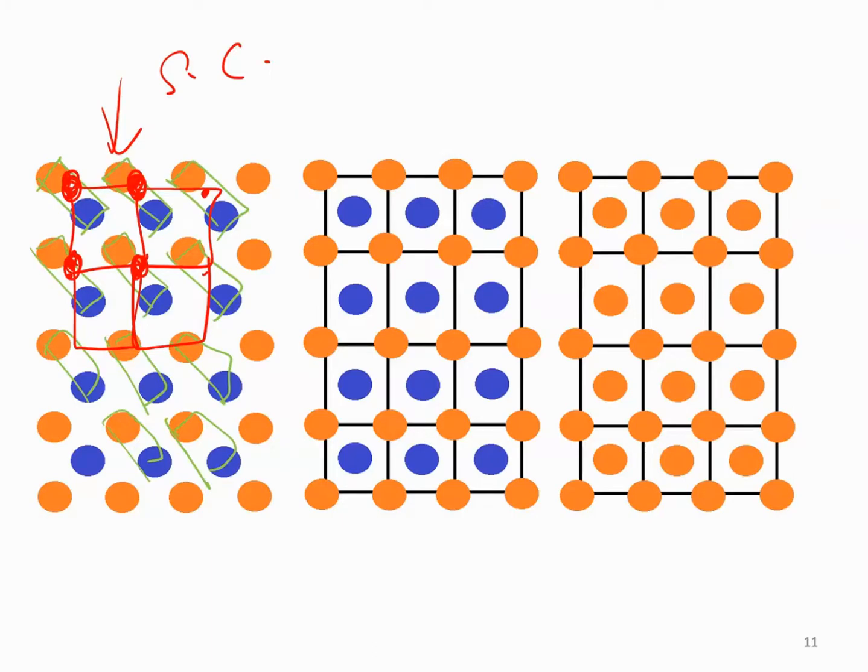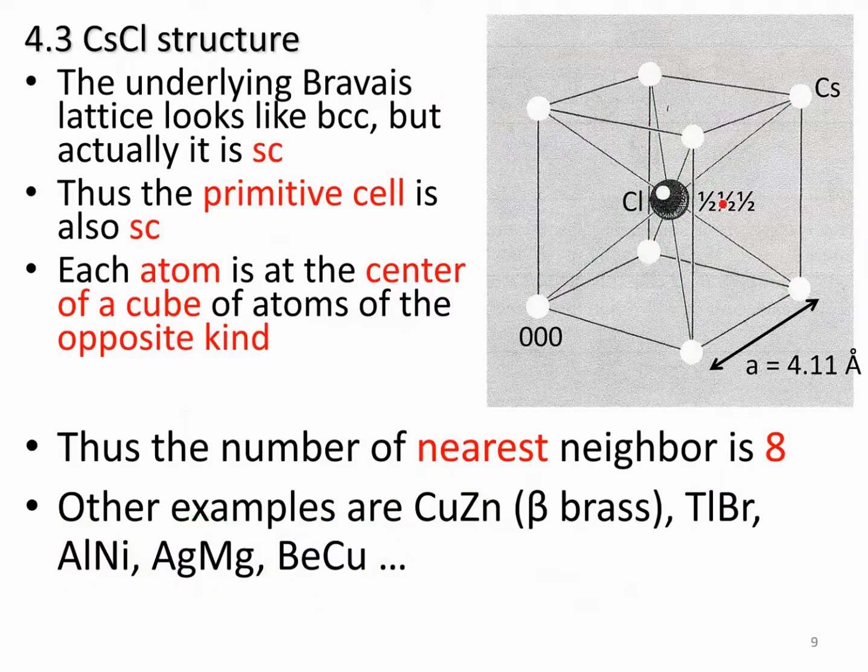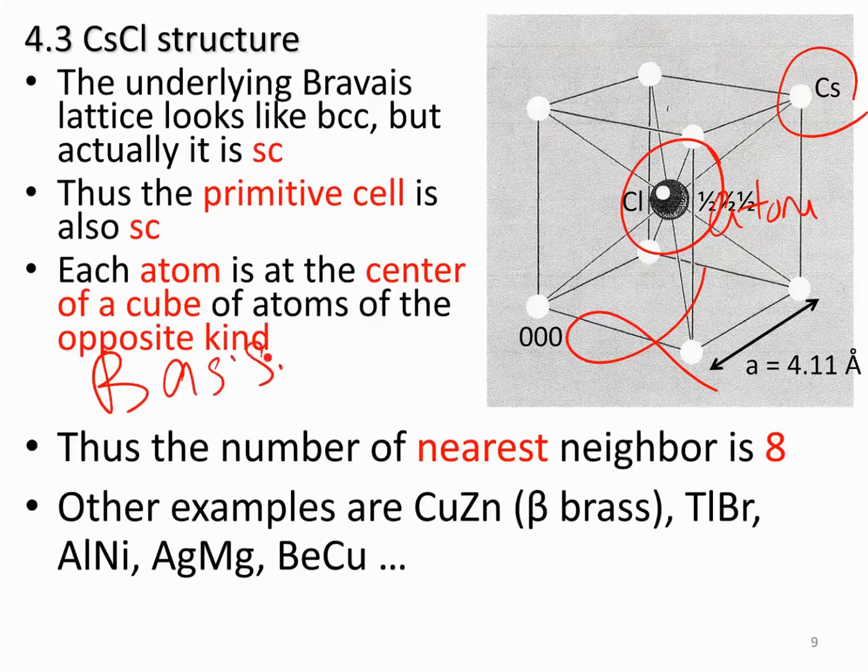When you look at this structure, it looks like body-centered cubic because you consider the Cl atom and Cs atom, which is not correct. Because when you want to consider the unit cell, you have to consider the basics. For this case, the basic is CsCl.